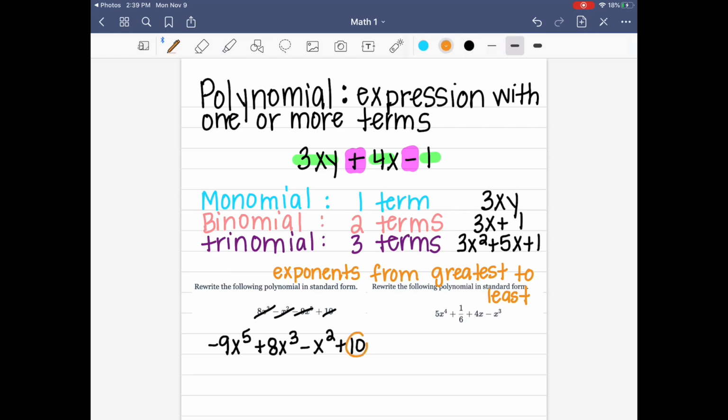So when I say constant, the constant is always the number without a letter, so a number without a variable. The number that's being multiplied in front of the polynomial in standard form now is the leading coefficient.